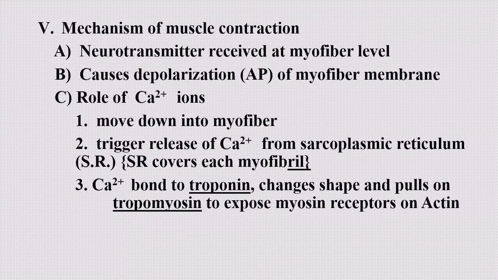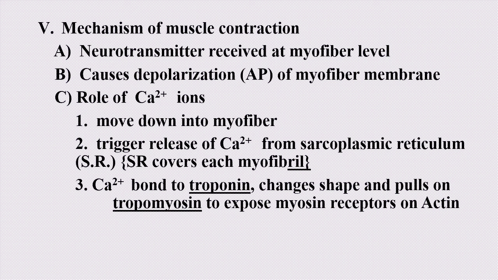All right, so now on the myofibril level, the calcium ions are going to bond to the troponin. Now remember, the troponin is on the actin fibers along with the tropomyosin. So now we're down to the sarcomere level with the actin and myosin combination.